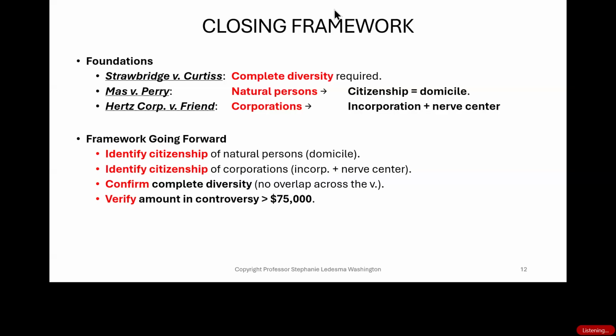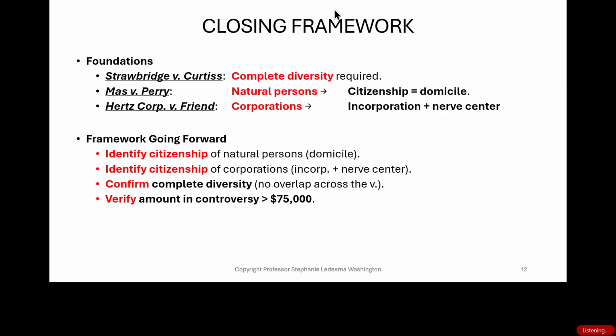This closes the loop. Citizenship for individuals is based upon the domicile. Citizenship for corporations is based upon the state of incorporation and the state where their high-level executives direct, control, and coordinate the company.